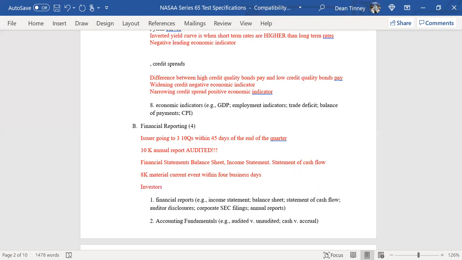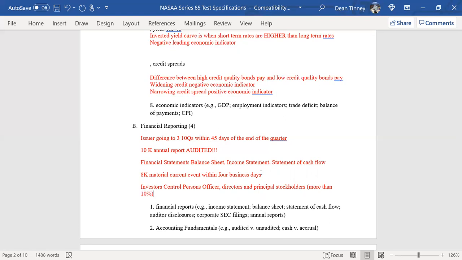So we have investors. Let's talk first about control persons. And control persons are officers, directors, and principal stockholders. A principal stockholder is somebody who owns more than 10%.